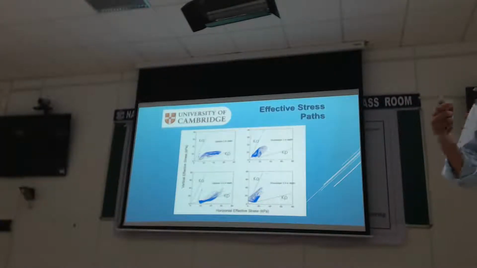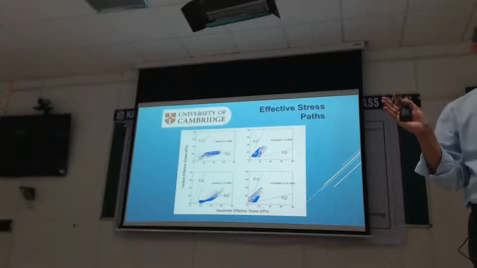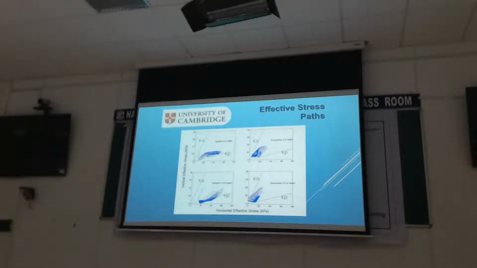You all know Ka and Kp, active and passive earth pressure, which must be the bounds on this variation. So if you now use the stress information and the core pressure information to plot vertical effective stress and horizontal effective stress, then you see what's going on quite clearly.